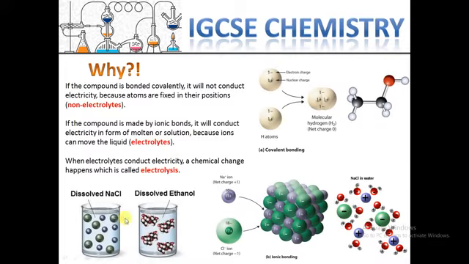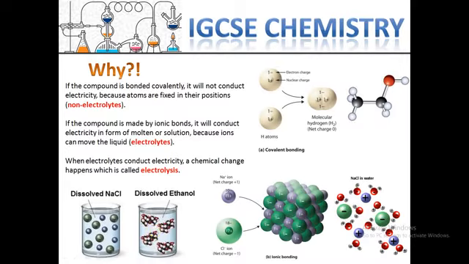Here is an example you can see in the picture. Dissolved NaCl, like salt, can be separated in a solution, but ethanol, which has covalent bonding, has atoms in the molecule that are fixed, so they cannot be separated and move through the liquid.